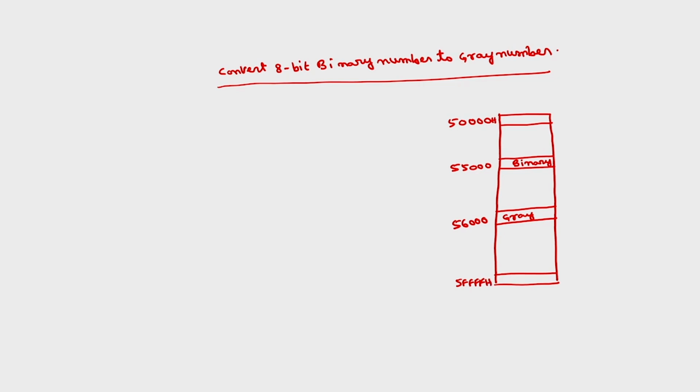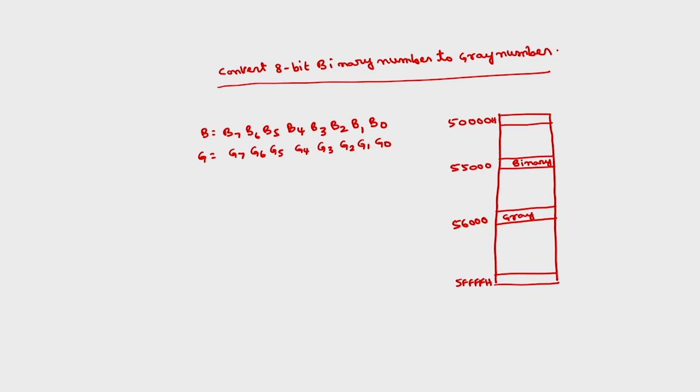Now, how to convert the binary number into gray number? What is the general procedure? If the binary number is B7, B6, B5, B4, B3, B2, B1, B0, the gray number is G7, G6, G5, G4, G3, G2, G1, G0.